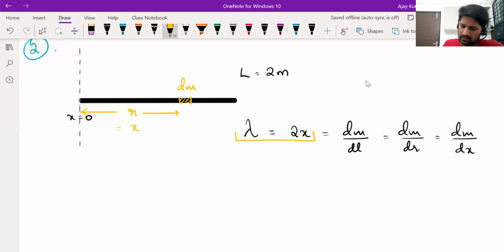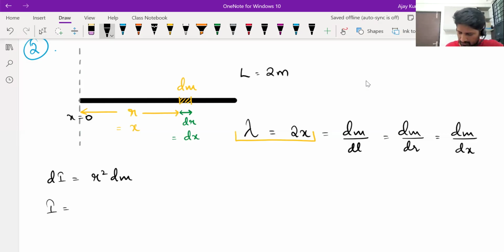The length of the element, you can call it dr, or dx also. And what is the formula for moment of inertia? The small moment of inertia contributed by one element is r square dm. The total moment of inertia of a system is integral r square dm. Apply this and tell me the moment of inertia of this rod.